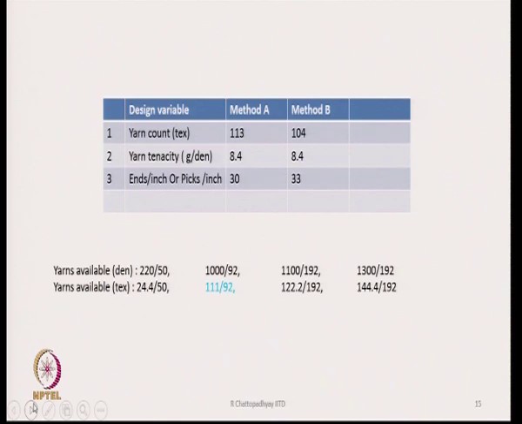So, we see here a comparison: method A gives you these values, method B gives you these values. They are very close to each other. And suppose in our inventory these yarns are available, denier wise these.